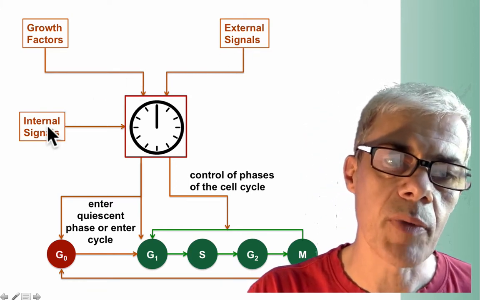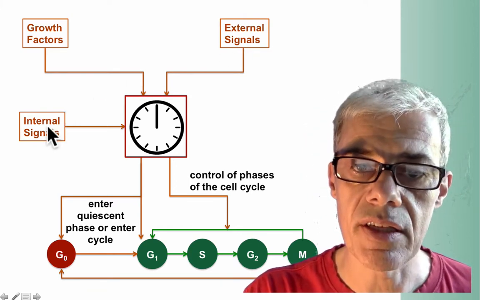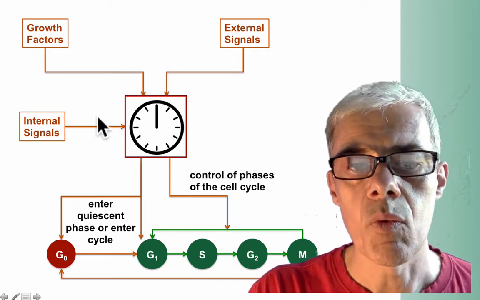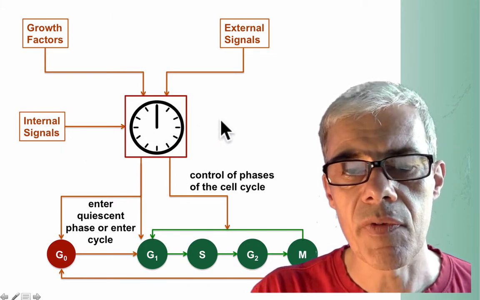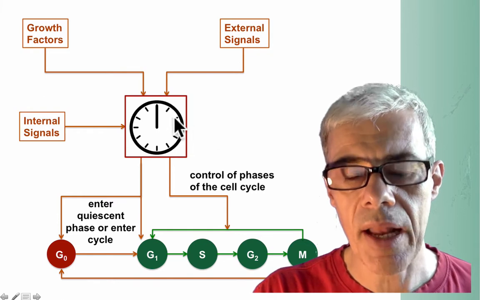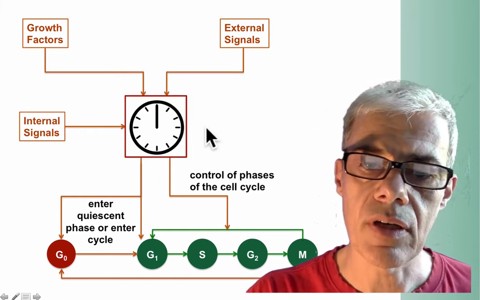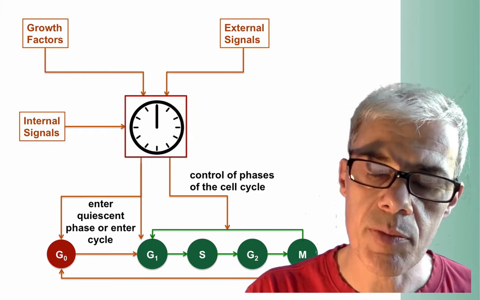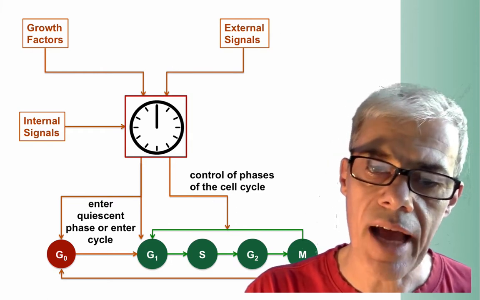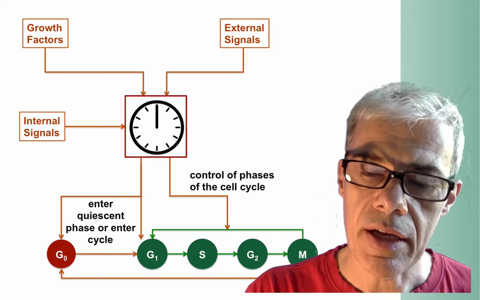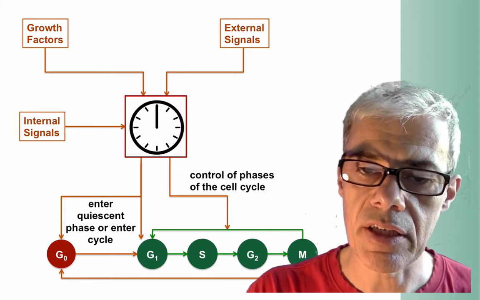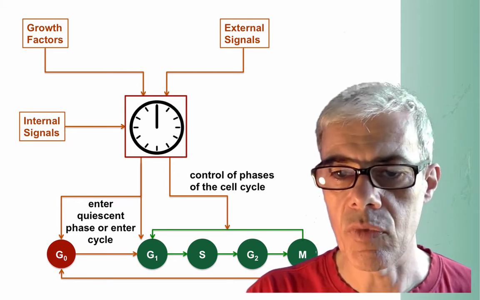It is also responsive to internal signals within the cell. So we're going to have a look at some of these factors, some of the players in the cell cycle clock, and we'll also look at a tumor suppressor and how the absence of this tumor suppressor affects the cell's ability to control the growth.